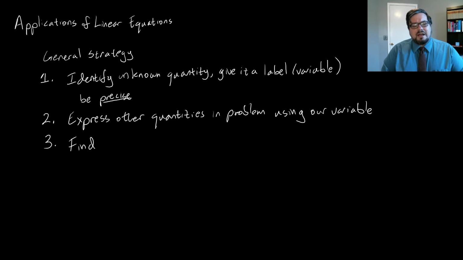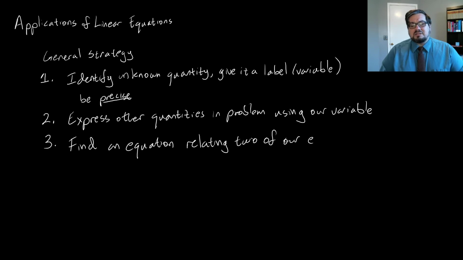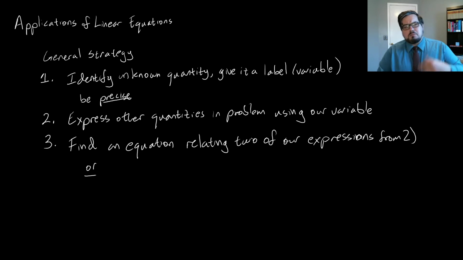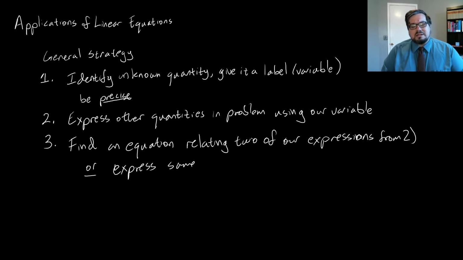We want to find either an equation which relates two of our expressions from step two, or, which amounts to almost the same thing, we want to express the same quantity two different ways.